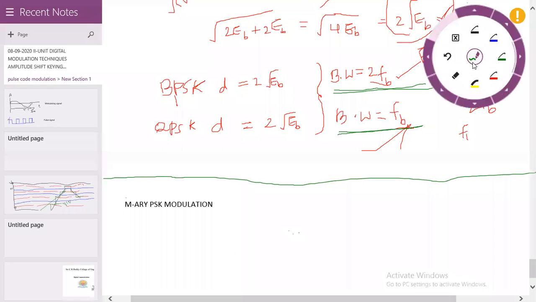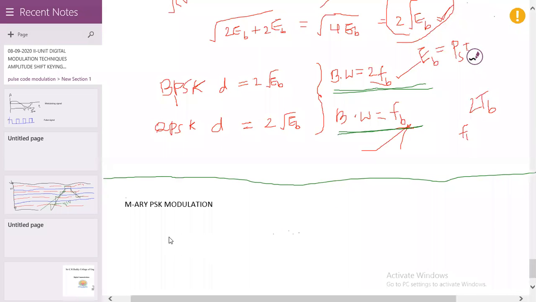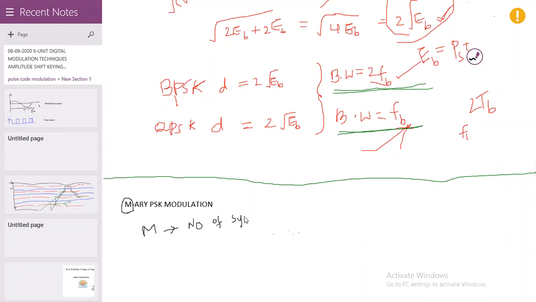Before discussing M-ary PSK in depth, we define what M-ary PSK modulation is. What is meant by this M? M is the number of symbols. Please note down: M indicates the number of symbols, or levels.